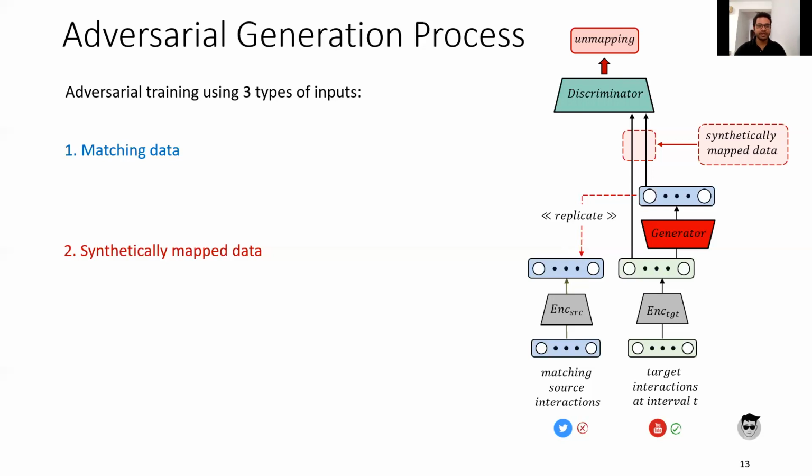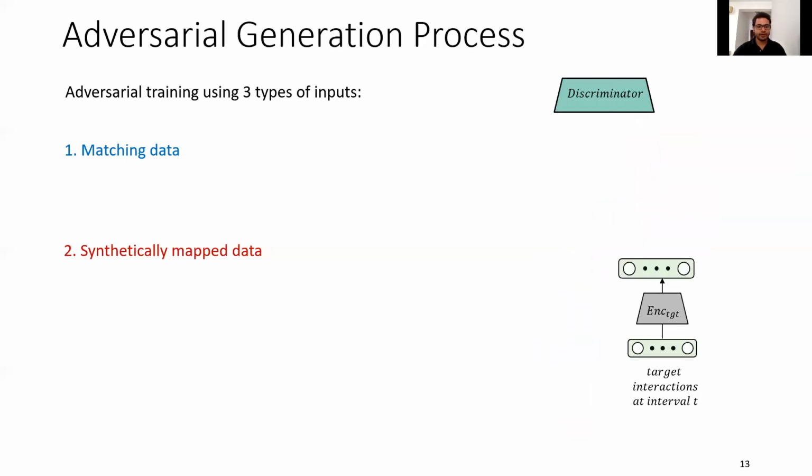And the discriminator tries to somehow distinguish between the real versus synthetically generated ones. So as we train with more and more data, both of these modules, the discriminator and generator, will become more powerful as we train with more data.